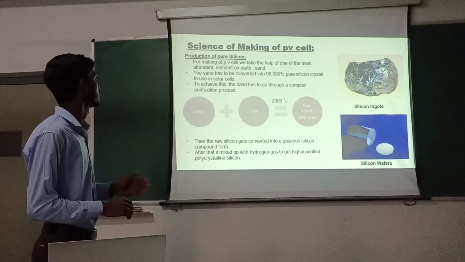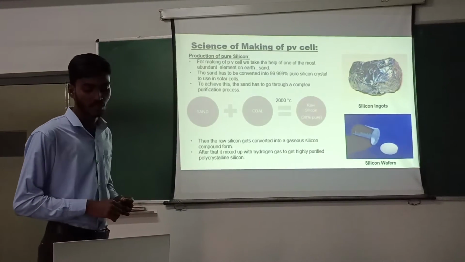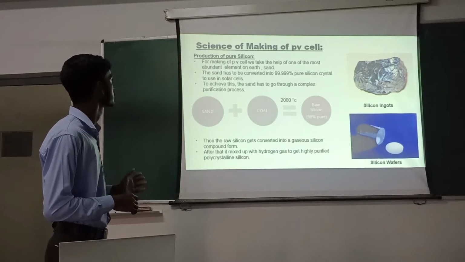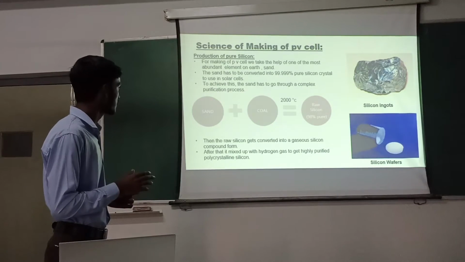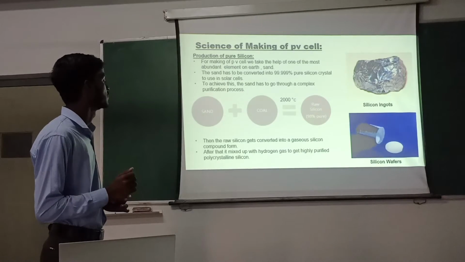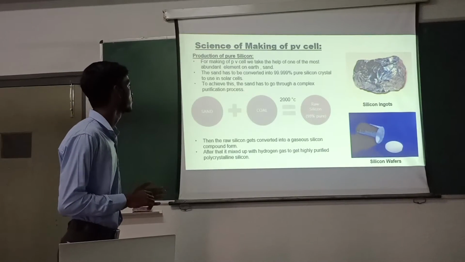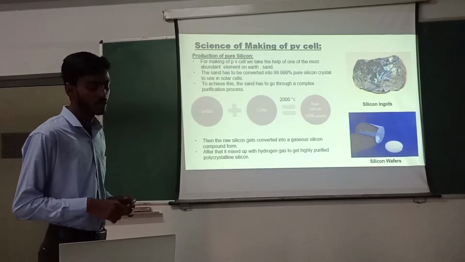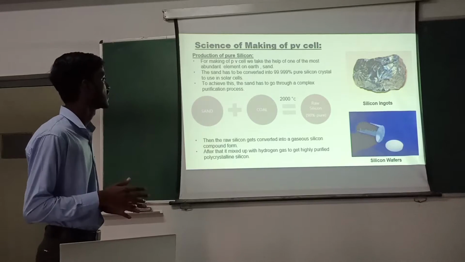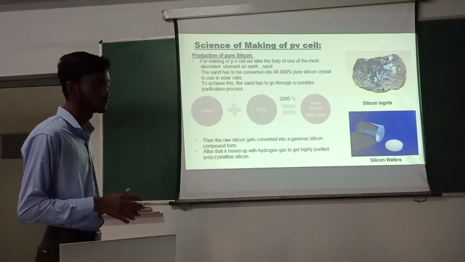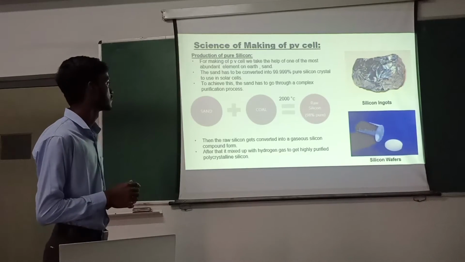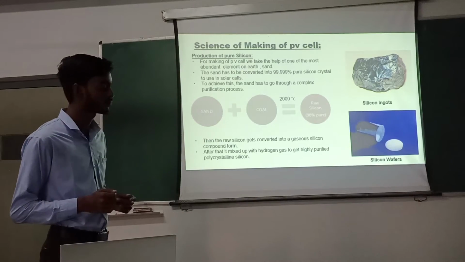Now, the science of making a PV cell. The making of a PV cell starts from sand. The main thing required to produce a PV cell is silicon. For this, you take the help of the most abundant element on earth, that is sand. The sand has to be converted into 99.99% pure silicon crystal to use in solar cells, and for this we have to go through a complex purification process.